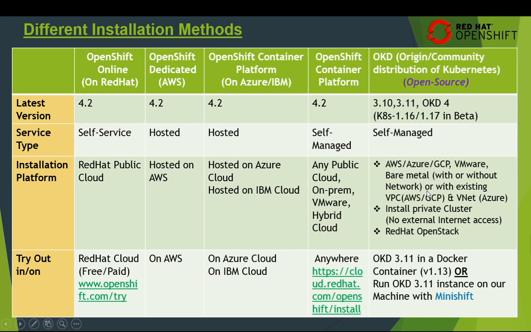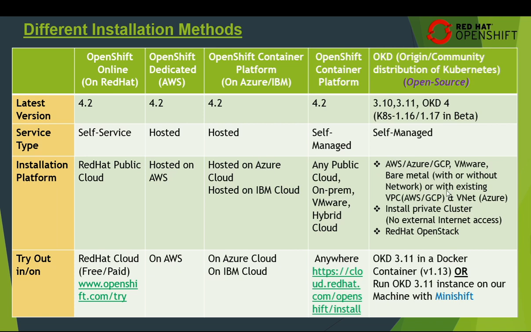And OKD, we are also able to install on any of the public clouds, either AWS, Azure, or GCP. We can install it on VMware or bare metal as well, and with or without internet network, right?